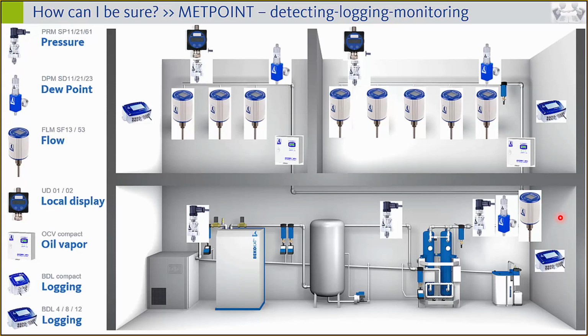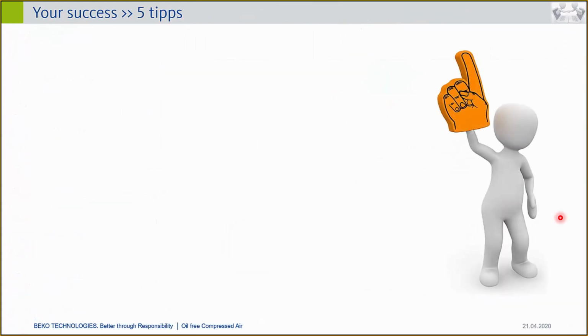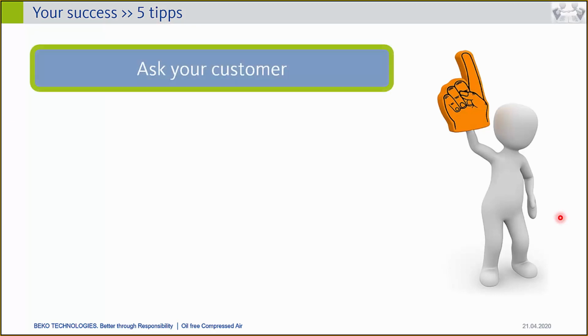All right. Finally, I would like to give you just 5 tips to be successful in your daily job. One point is: ask your customer. Ask your customer what quality standard the company needs to follow. A very good question is also: what is the compressed air used for?